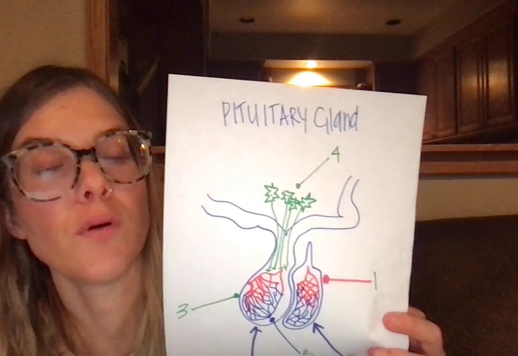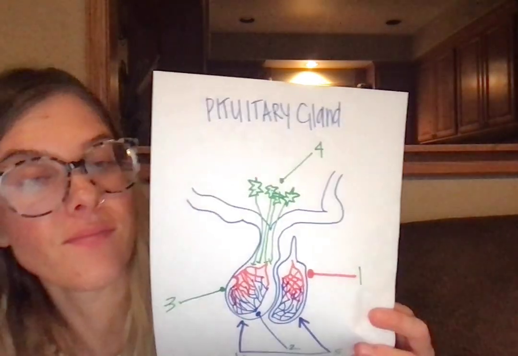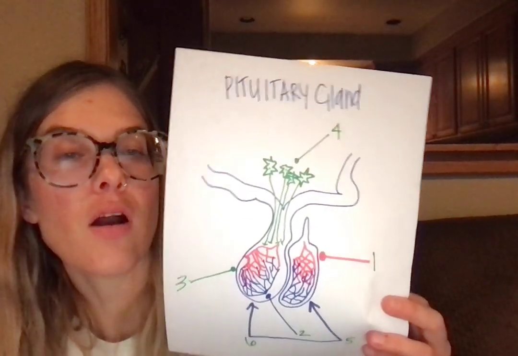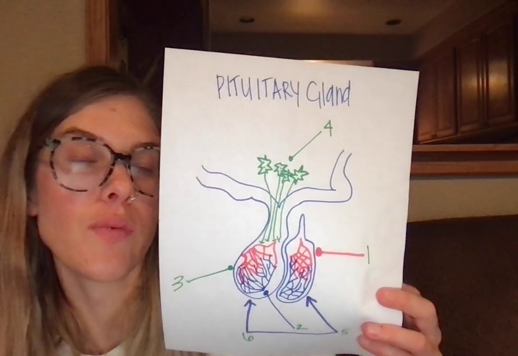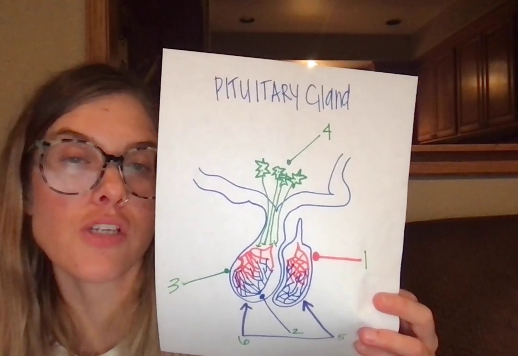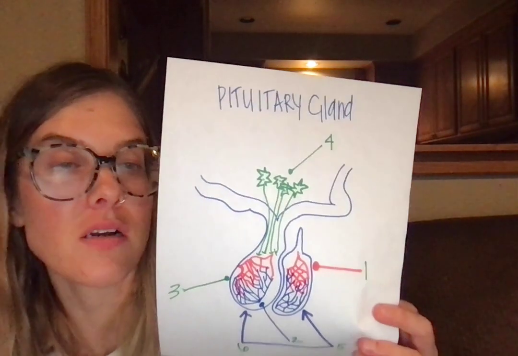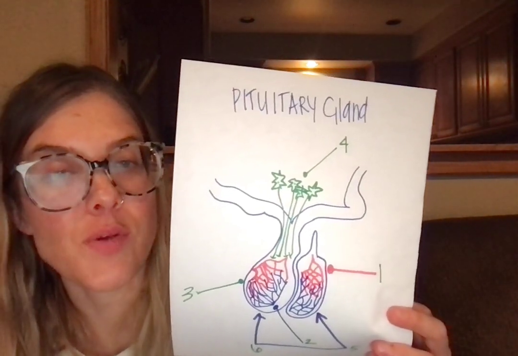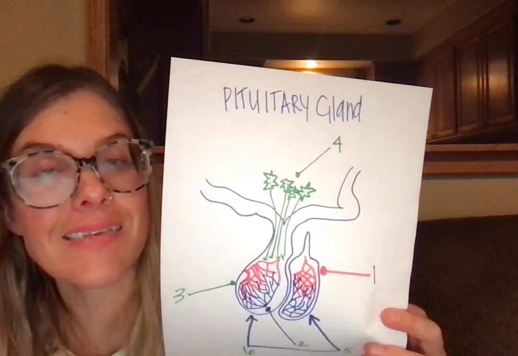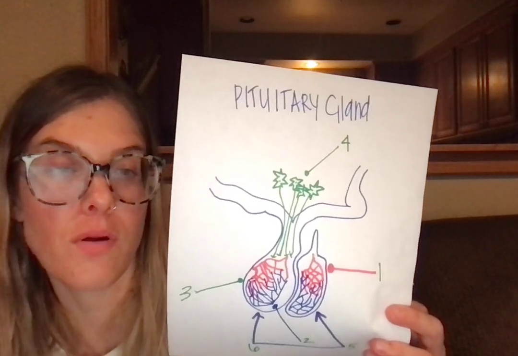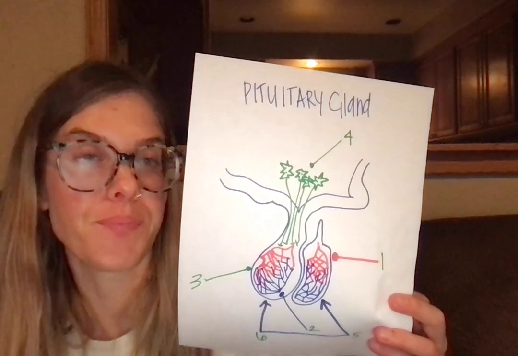And the chromophobes, they don't stain. Pars tuberalis: the tubular stalk is divided into pars tuberalis anteriorly and posteriorly. Pars intermedia is between the pars distalis and the posterior of our pituitary gland.